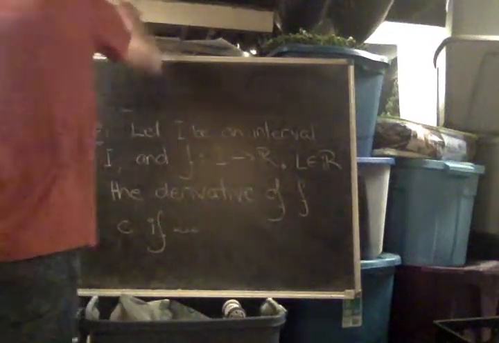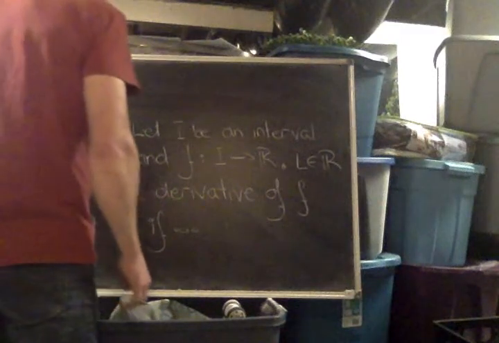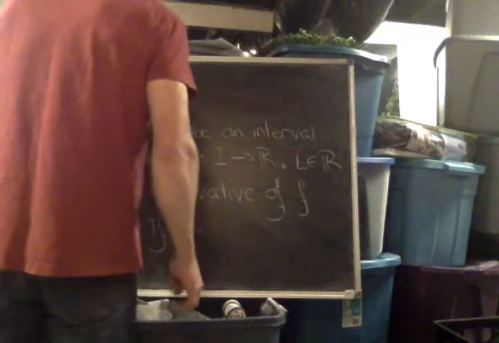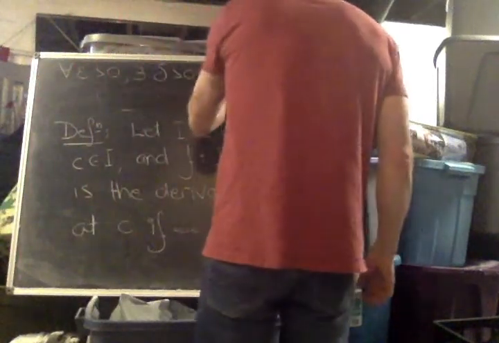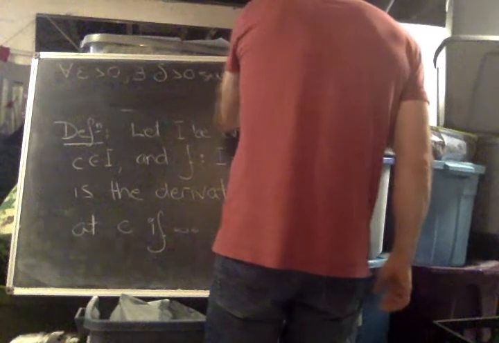If for all epsilon greater than 0, there exists a delta greater than 0 such that this part should hopefully be somewhat familiar.